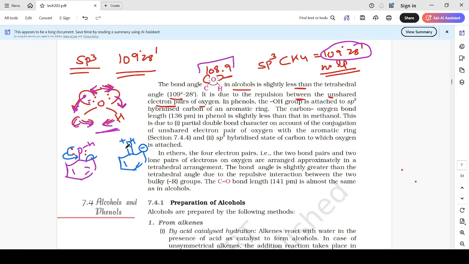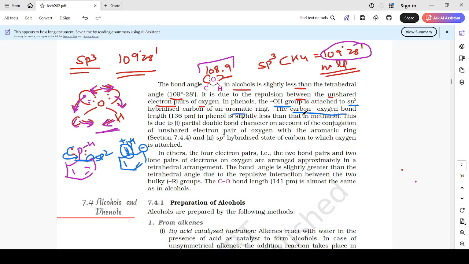So you can see there is a partial double bond character that is built between carbon and oxygen, isn't it? Mm-hmm.